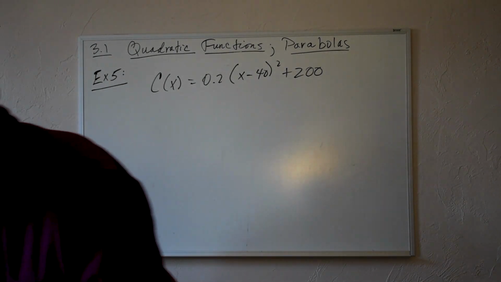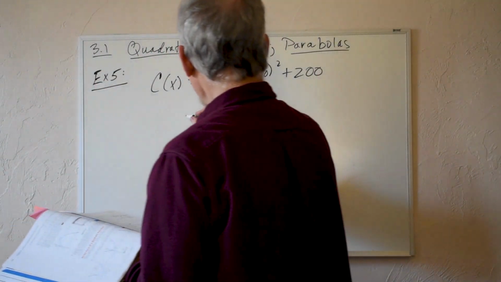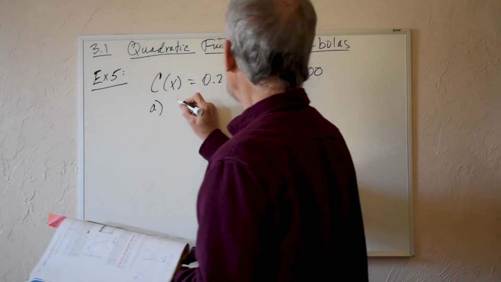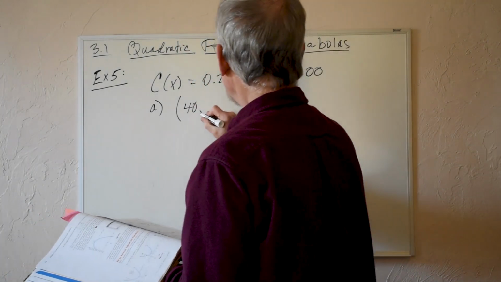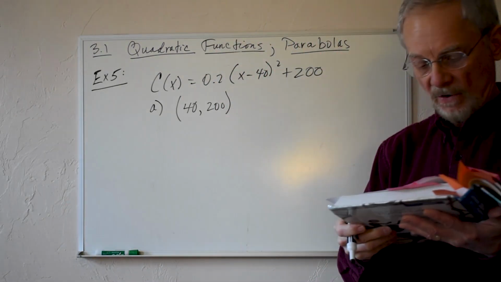A, find the vertex of this function. Well, we can look right here and see that the vertex x-value is 40. We're subtracting that number and we're adding this number. Perfect. That tells me k is 200. So there's my vertex.